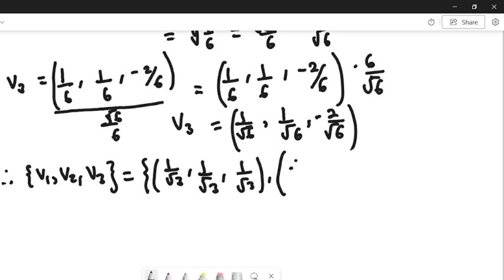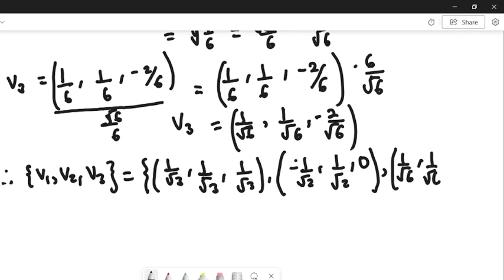Our V2 is (negative 1 over root 2, 1 over root 2, 0). Our V3 is (1 over root 6, 1 over root 6, negative 2 over root 6). So that's our orthonormal basis, and that is what we call the Schmidt process.